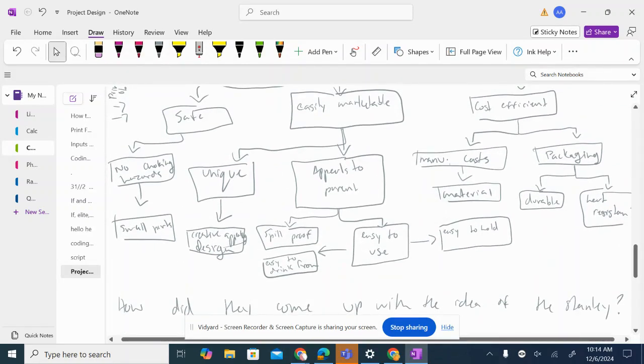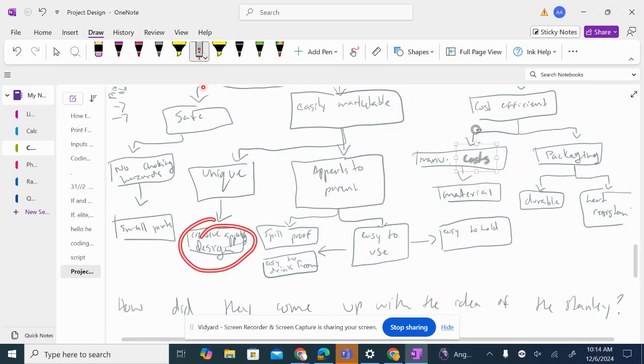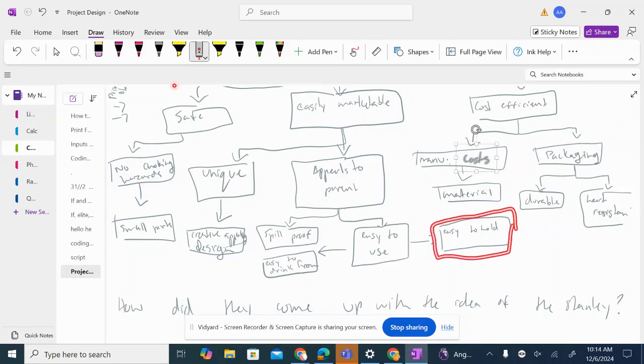I'm going to skip over this creative design part because that is another part of metrics that cannot be measured numerically. Okay, we did small parts. We are now going to do easy to hold.